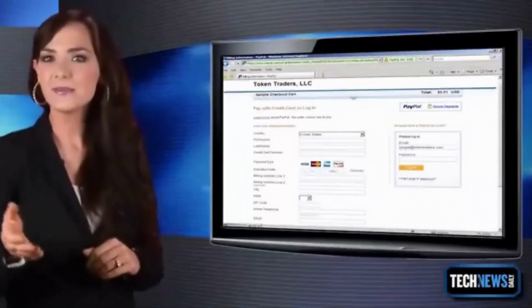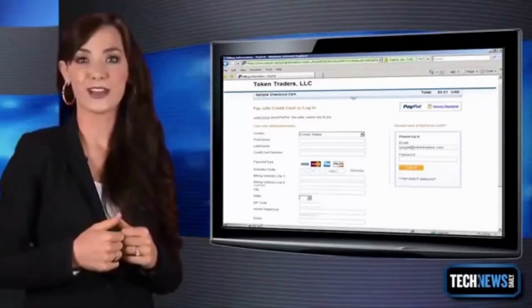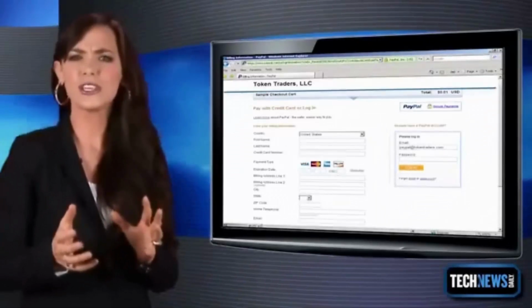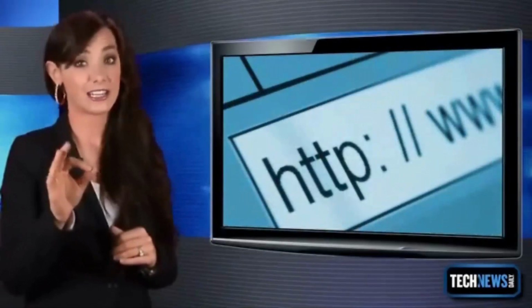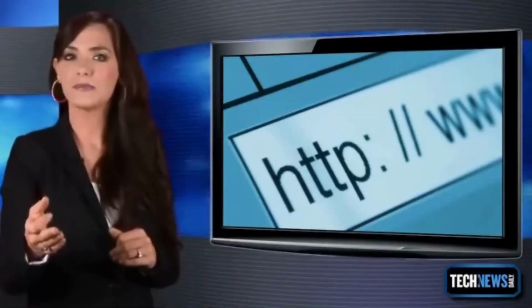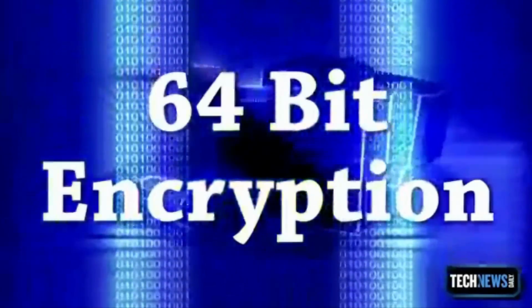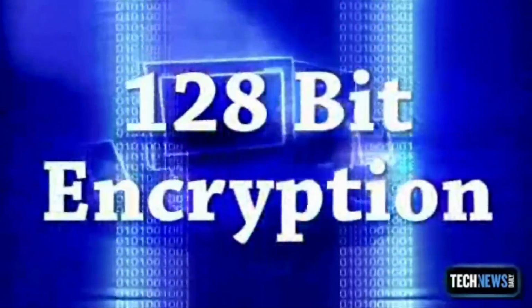So if you bought something online, the sensitive information like your address, credit card, or phone number is usually encrypted. But not all the information exchanged online is encrypted, and not all encryption methods are created equal. Like 64-bit encryption used to be all the rage, but nowadays 120-bit is the standard.